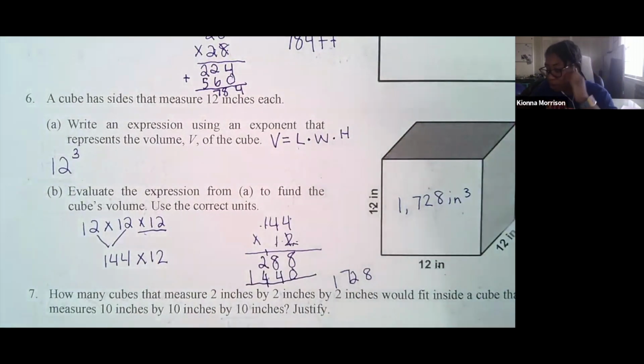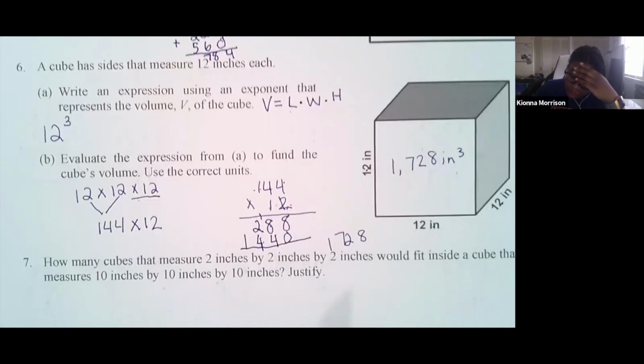So after I've multiplied my 144 times 12, I have 1,728 inches cubed.